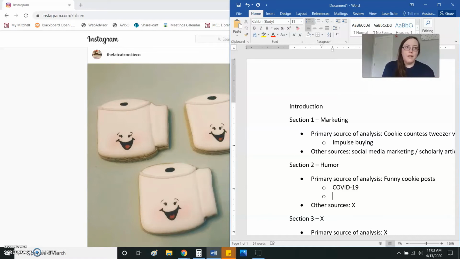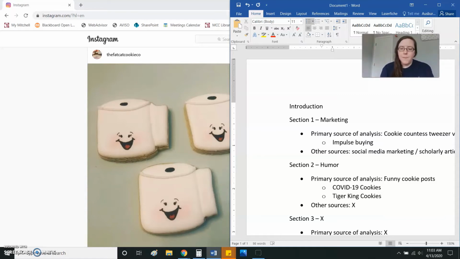Of course we have all of our Tiger King memes coming out now that everybody's pretty much watched Tiger King, but people in the cookie community on Instagram are also making them into funny cookies. I think I've also seen the actual virus made into a cookie. But anyway, I think that's really interesting.